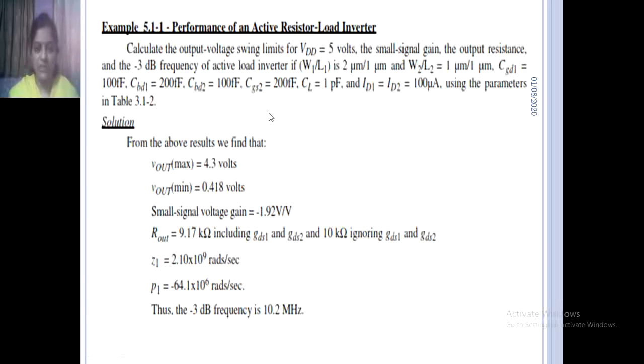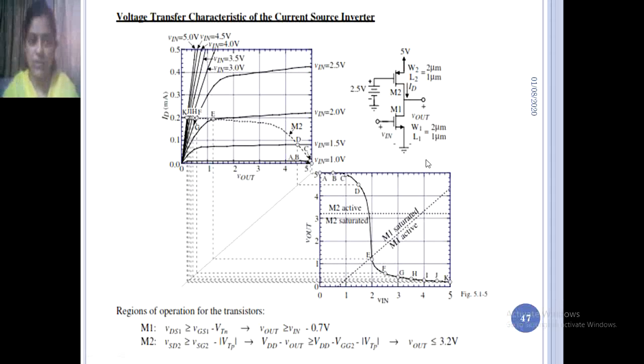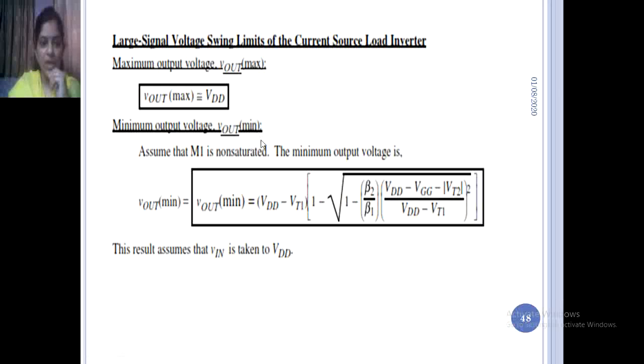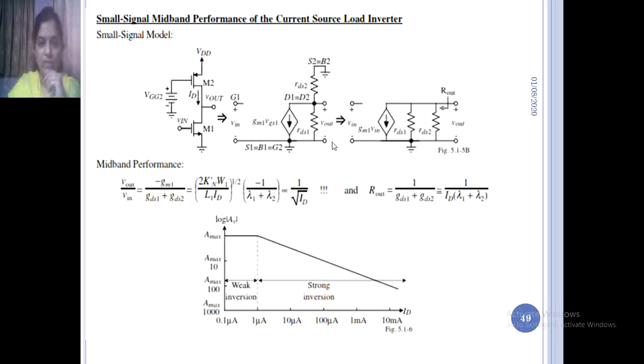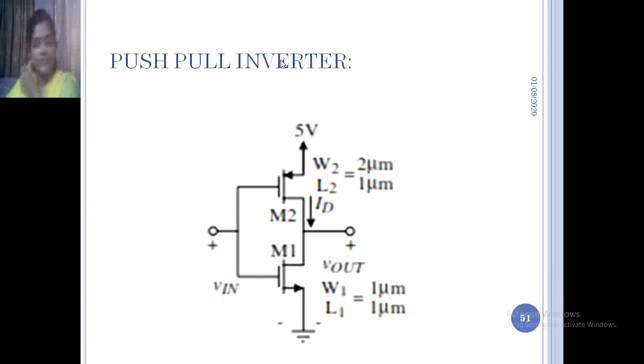Then we have seen the current source load inverter, its voltage transfer characteristics, the minimum and maximum values of Vout, and one example.